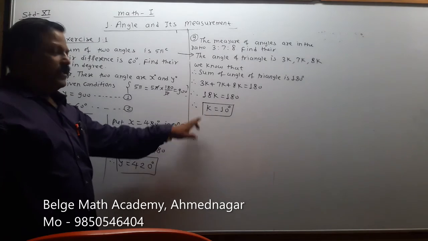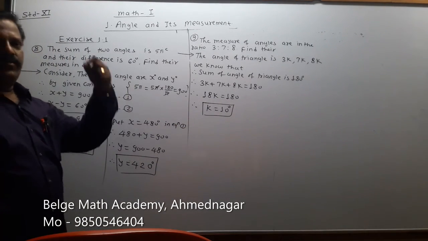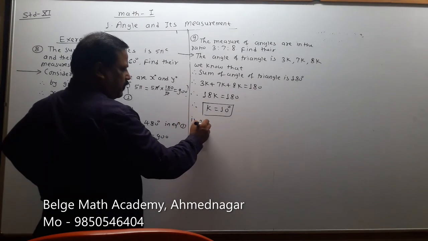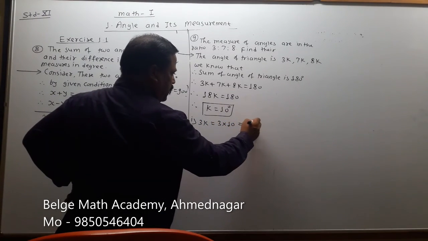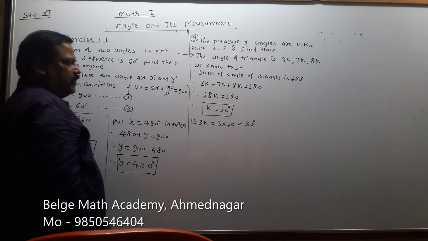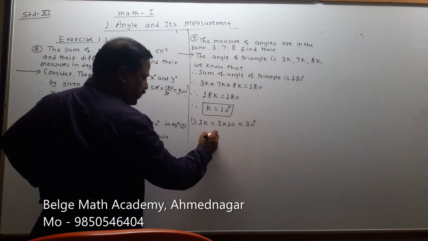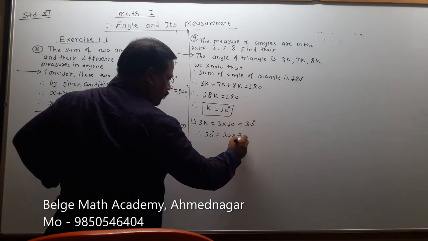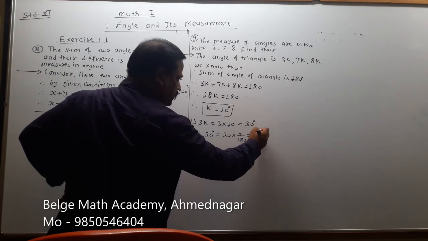So k is the constant multiple, and these measurements are converted into degree. Our first angle is 3k. 3 multiplied by 10, multiplication is 30. So that is 30 degree. This 30 degree is converted into radian. So 30 degree equal to 30 multiplied by pi upon 180. So the answer is pi by 6 radian.